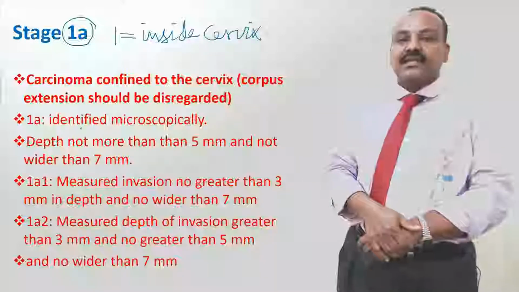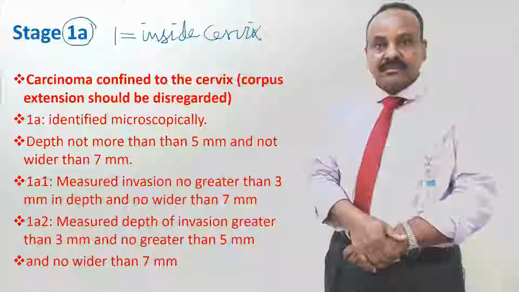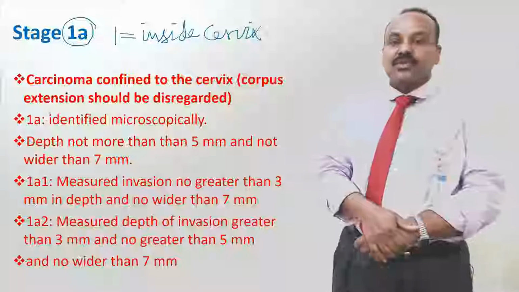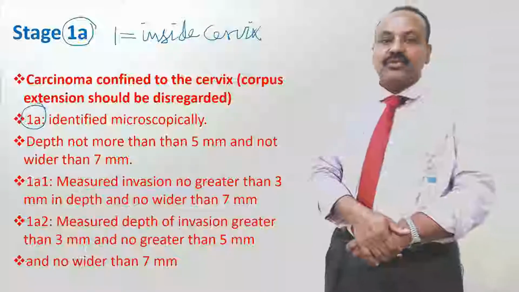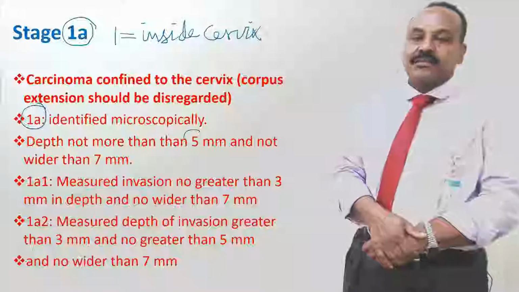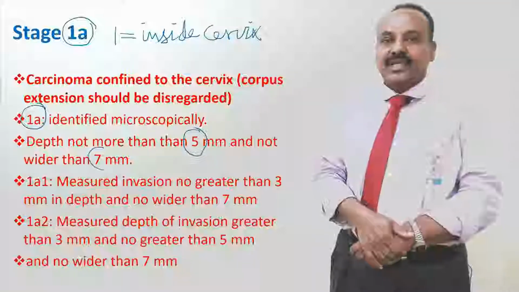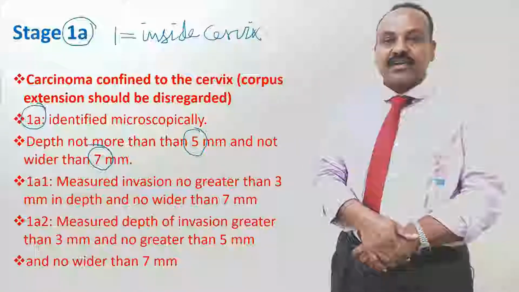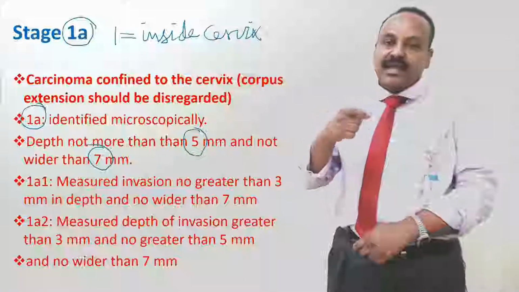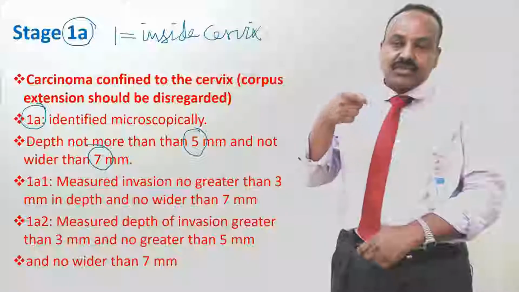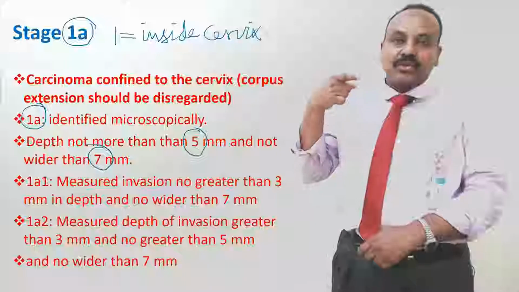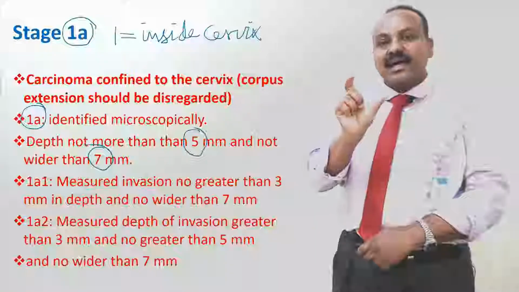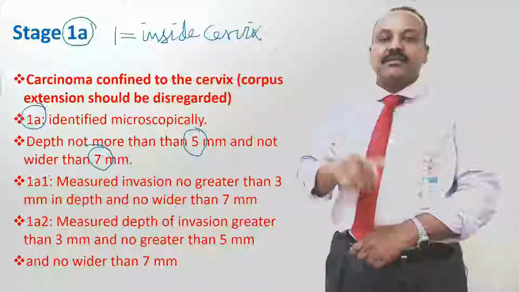Stage 1A is identified microscopically, with depth not more than 5 millimeter and not wider than 7 millimeter. This is stage 1A, with depth not more than 5 millimeter from the basement membrane and not wider than 7 millimeter.